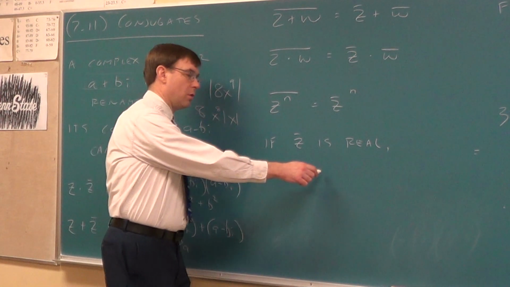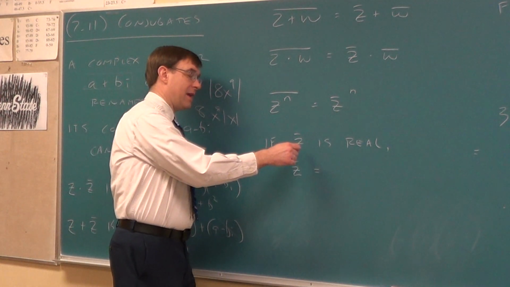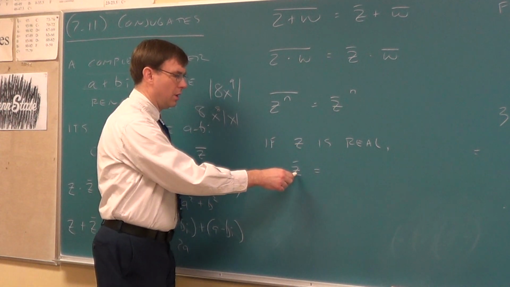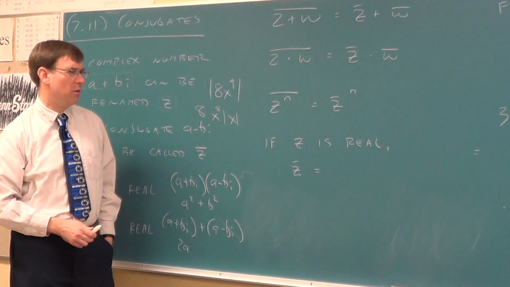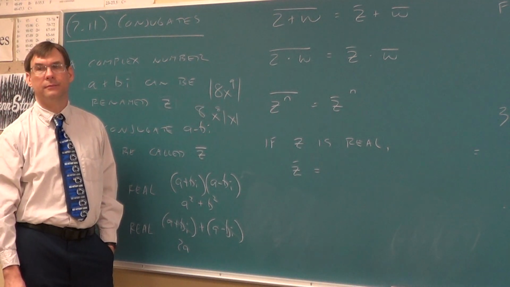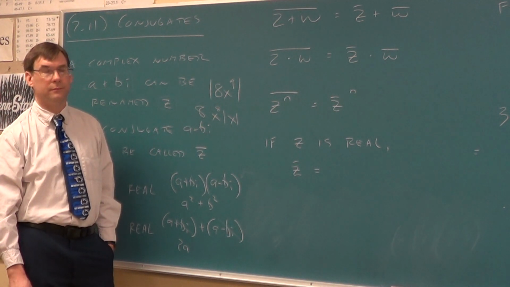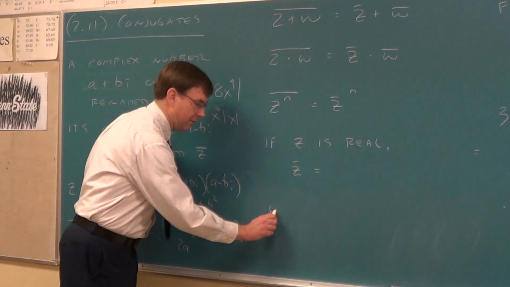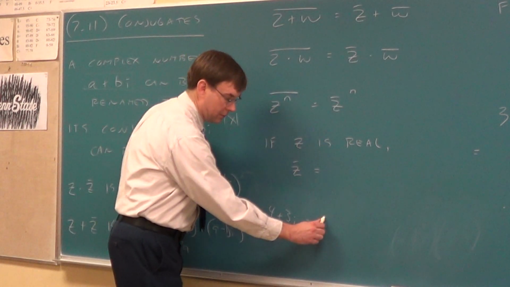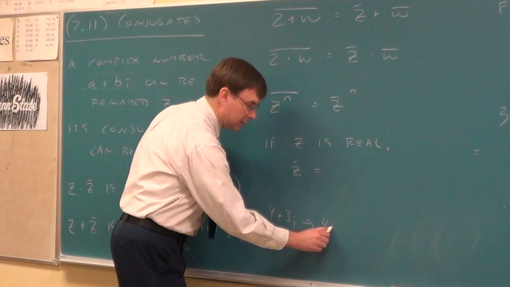The fourth rule we have, if I give you a real number, what was the conjugate of a real number back a couple days ago? I did one of these. Like I said, 4 plus 3i, and you gave me back 4 minus 3i.